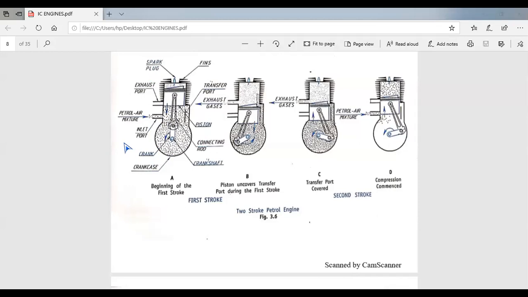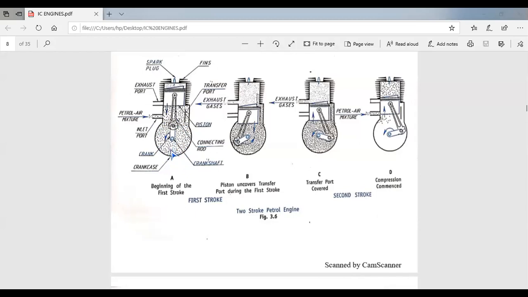The main components are the piston, piston rings, connecting rod, crankshaft, and this circular casing which you are observing here. This is called the crankcase. It is made of aluminum alloy, aluminum with 8% silica.